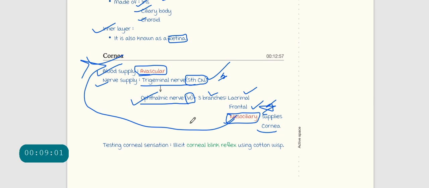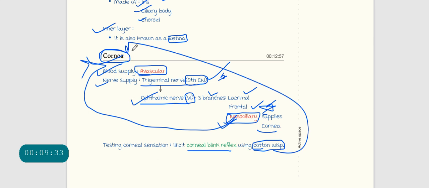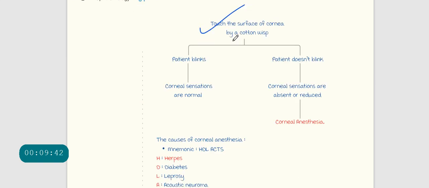So basically we have a test to identify the sensation or sensitivity of the cornea, and that is called the corneal blink reflex, and this is done with the help of a cotton wisp. So you are going to touch the cotton wisp on the surface of the cornea of the patient.